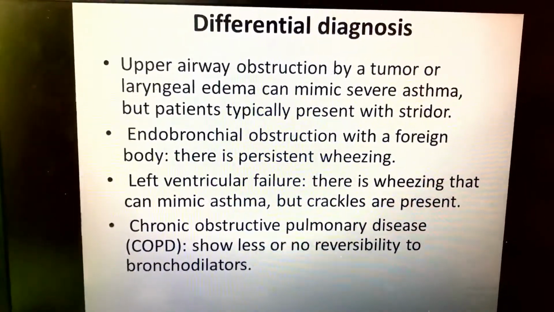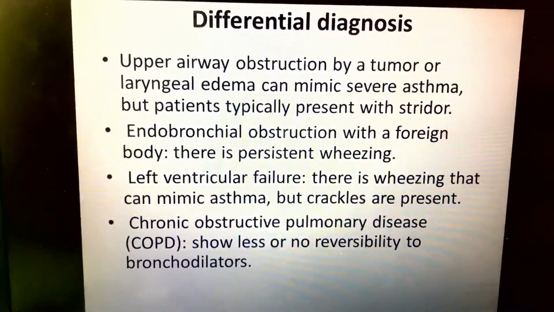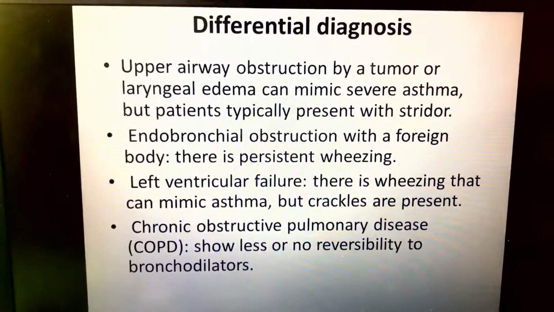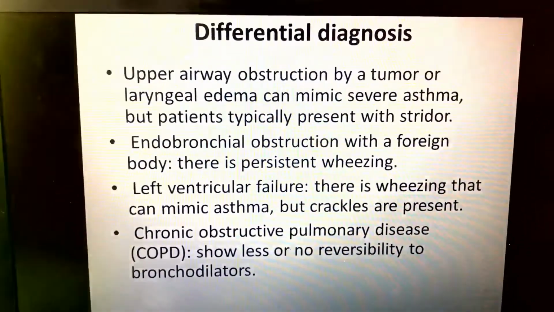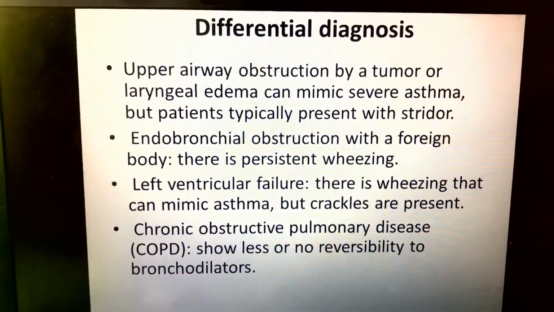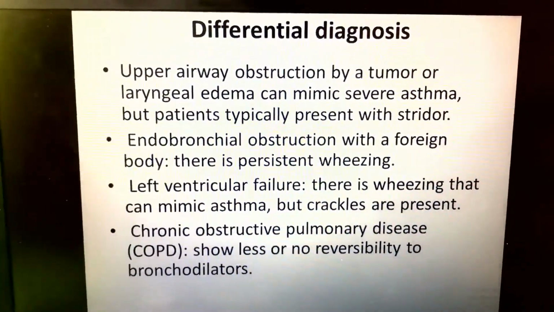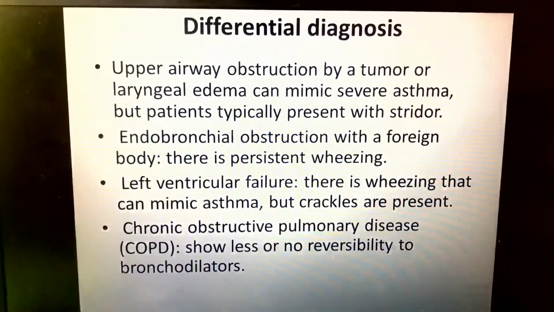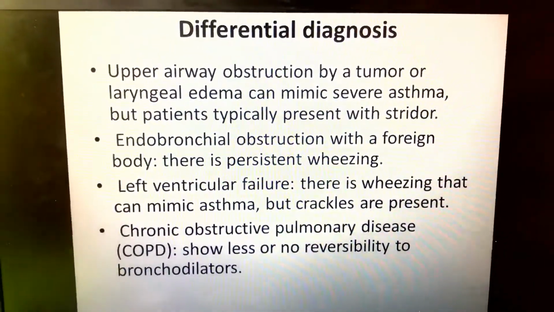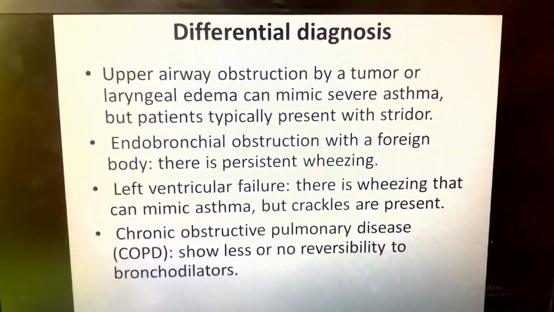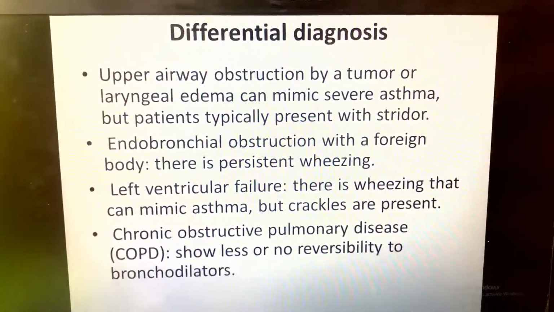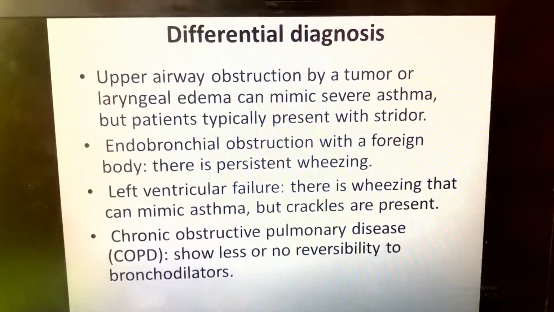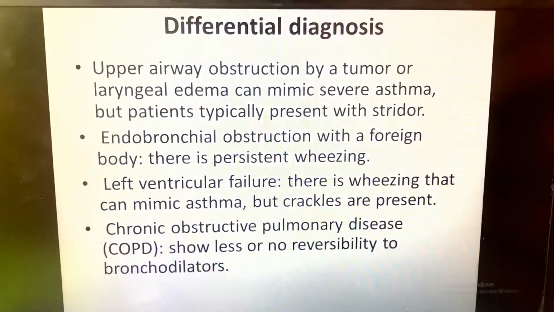When the upper airway is obstructed by a tumor or laryngeal edema, we will have stridor on auscultation. But if it is asthma, we will hear wheezing. Okay. If we don't pay attention here, we can misdiagnose asthma and other obstructive diseases.